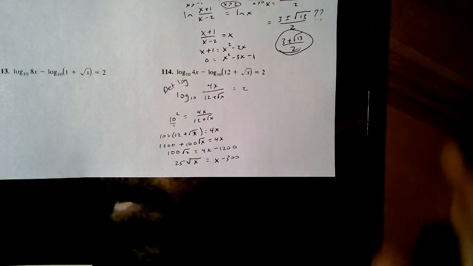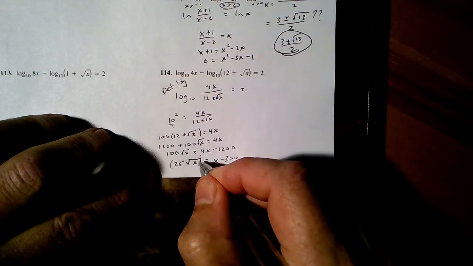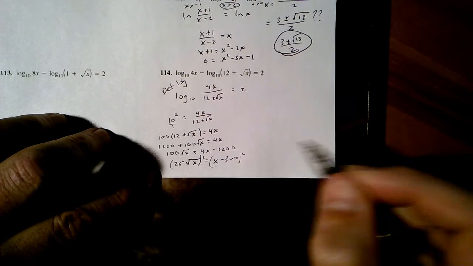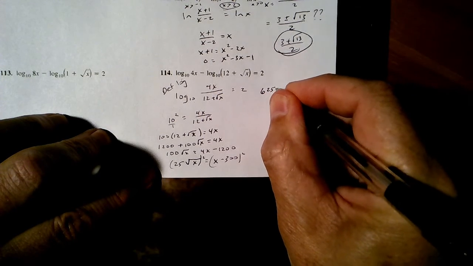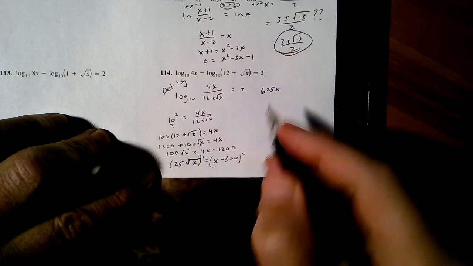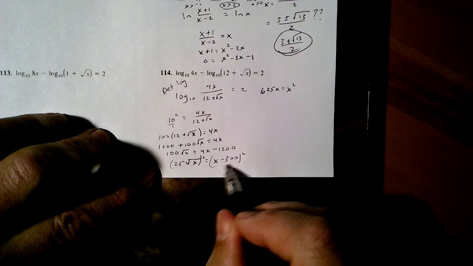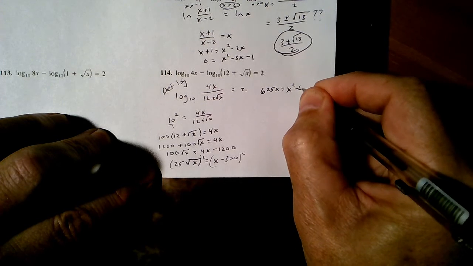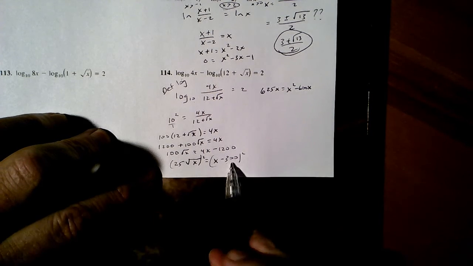What's the biggest troublemaker? That's the square root. Yuck. Not happy about this. I'm going to square both sides. That's 625x equals, FOIL, x squared minus 300 minus 300 minus 600x plus 300 times 300.